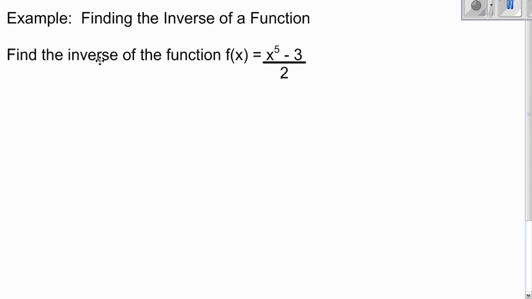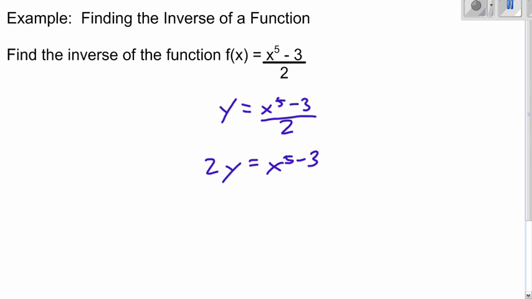Let's do another example. This one's a little bit more difficult. Same step, replace f of x with y. Now solve for x, so multiply by 2. Add 3 to both sides.